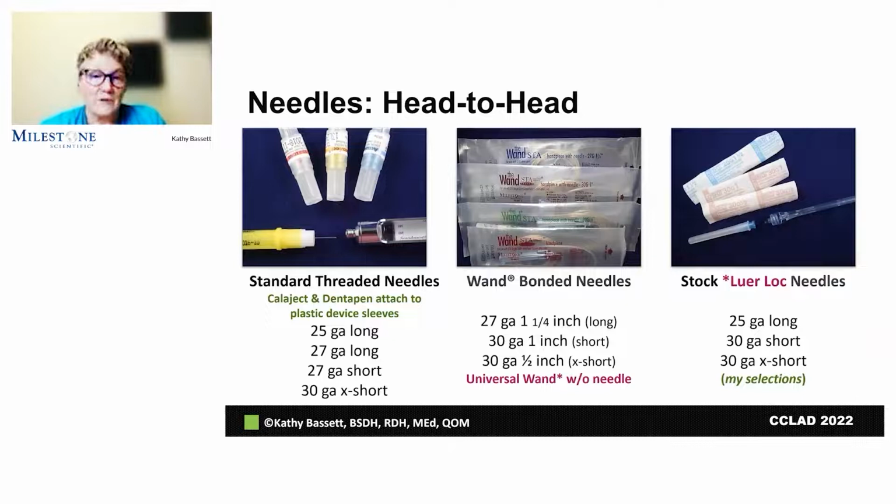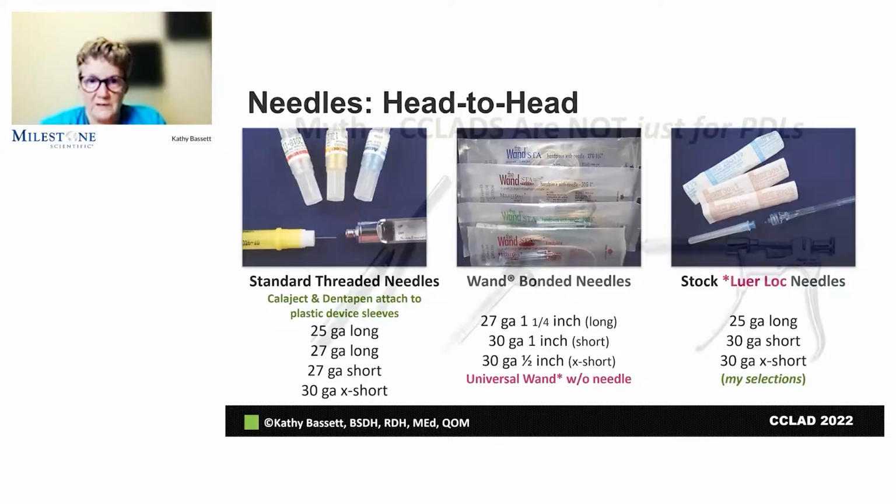One of the things I like about the universal is if I know I'm going to be giving more than one injection for that patient, I can use that universal wand, and then I have on stock a number of my favorite Luer-Lok needles. So with a universal wand, I can easily switch out for 2 or 3 different size needles during a group of injections. And that is a nice way to customize your own personal choices.